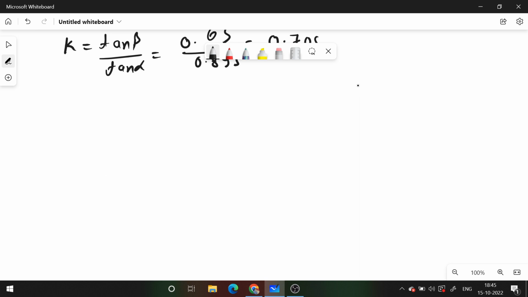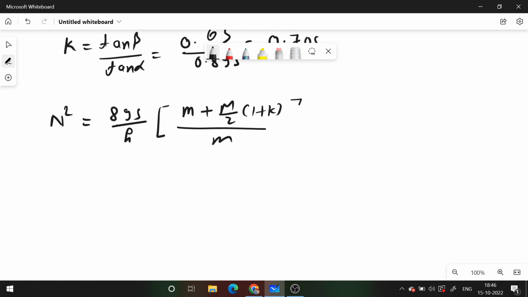Now we know that N square will be equal to 895 upon h within bracket, small m plus capital M by 2, 1 plus k upon small m.